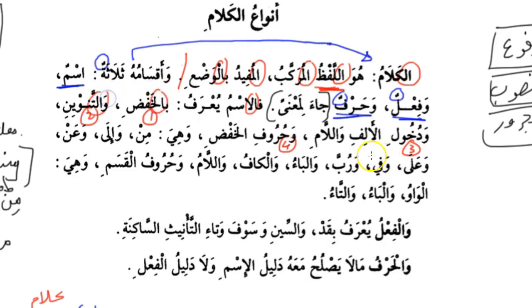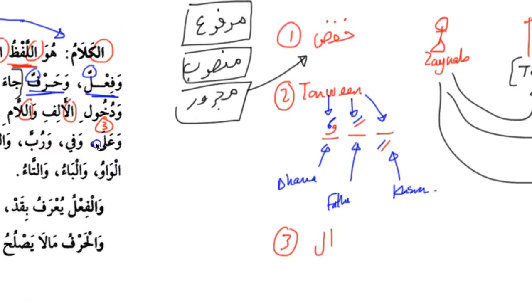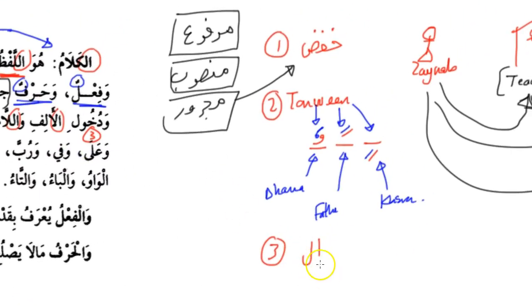So these als at the beginning of words are all signs that the word is a noun. Okay, so whenever you get this, flip open the Quran, look through it, and you'll see any word that has al at the beginning, automatically it's an ism, because verbs can't take them and particles can't take them.